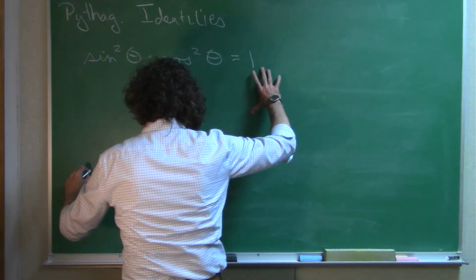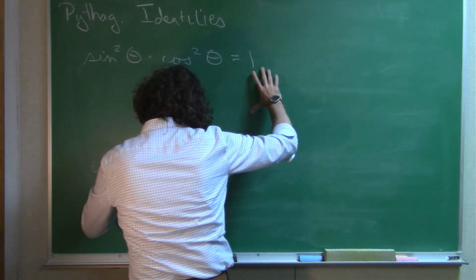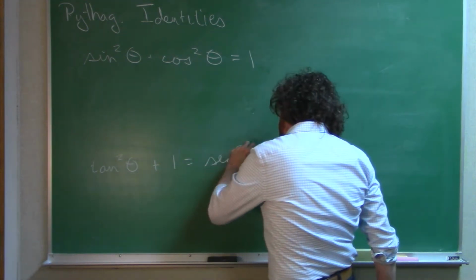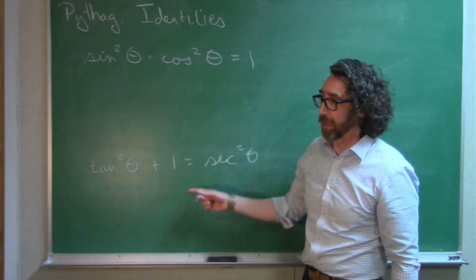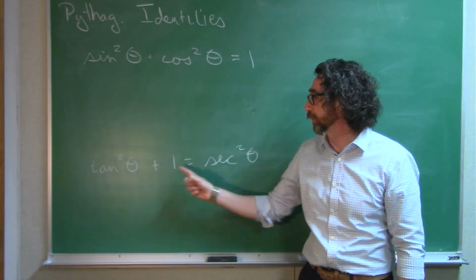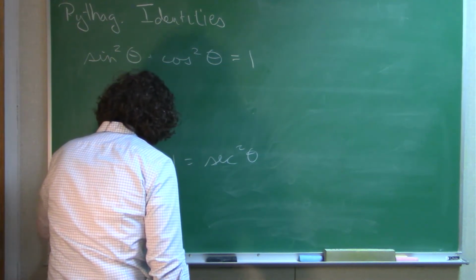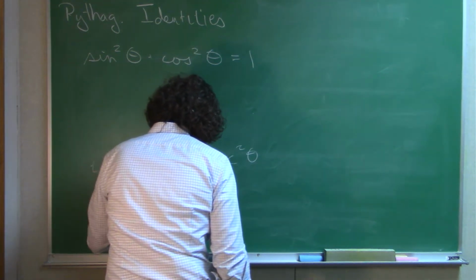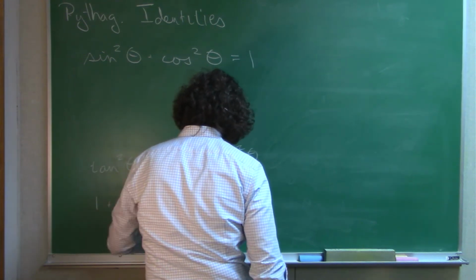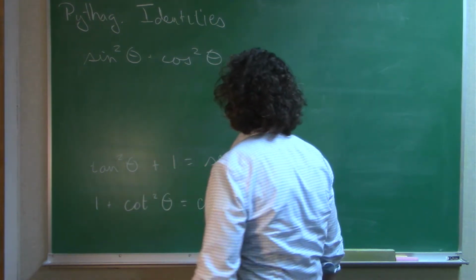Leave me some space here. I'm going to put a couple different versions. Another variety of this Pythagorean identity is down here: tan squared theta plus 1 equals secant squared. And a third one is 1 plus cotangent squared is cosecant squared theta.